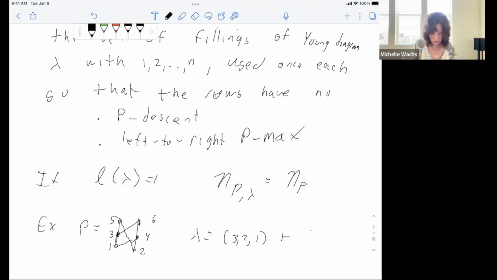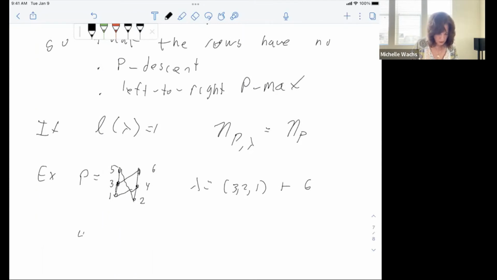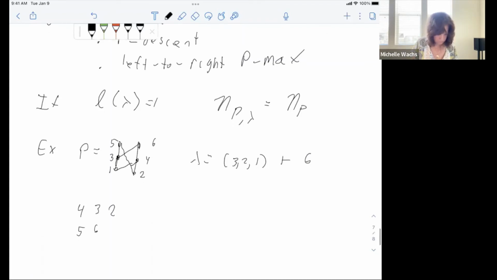So that's a partition of 6. And so I need to fill in the shape 3, 2, 1, and then check that each row has no P descent and no left to right P maximum.